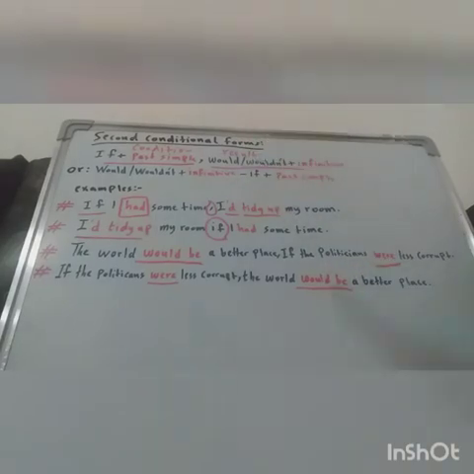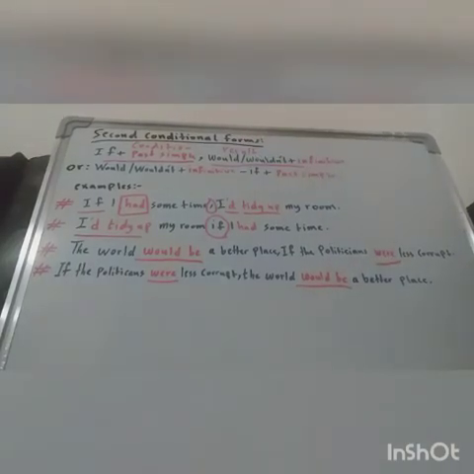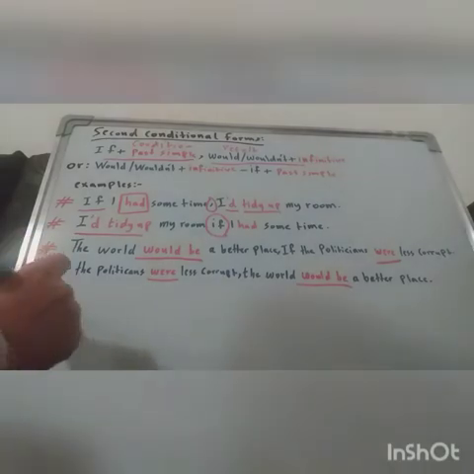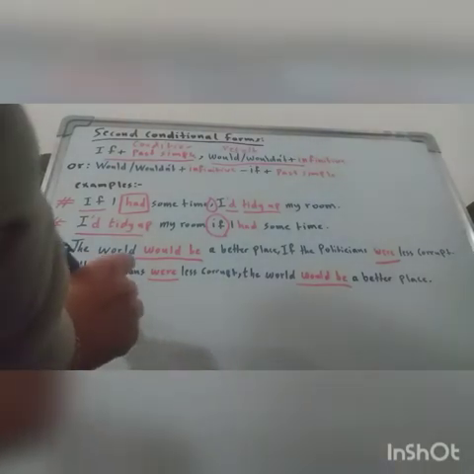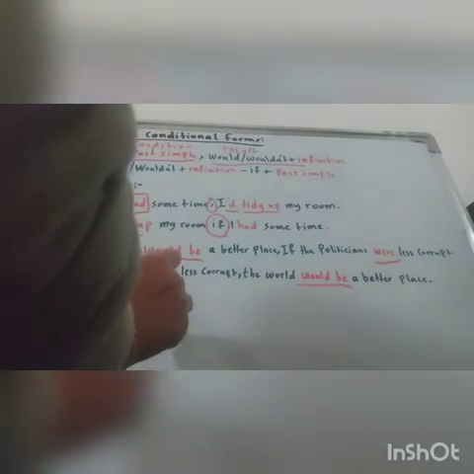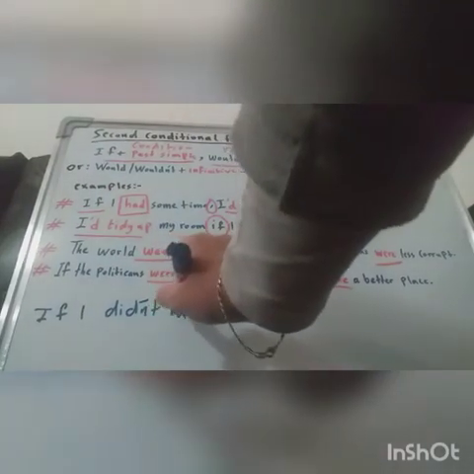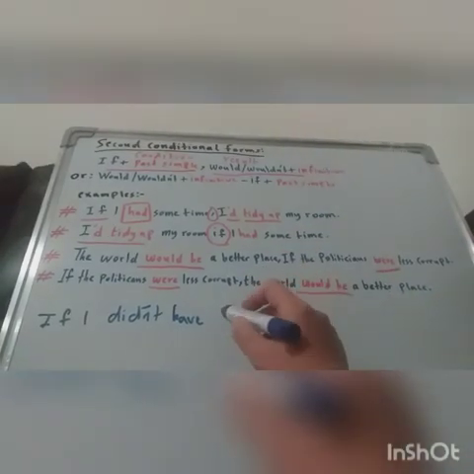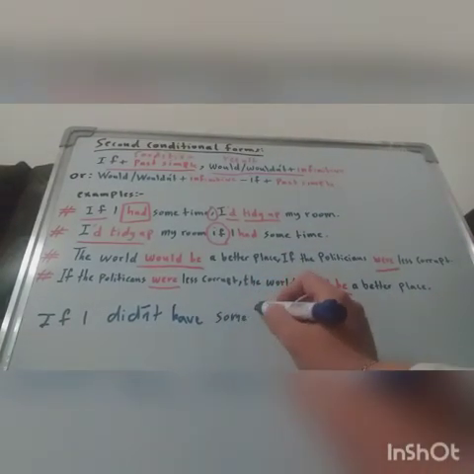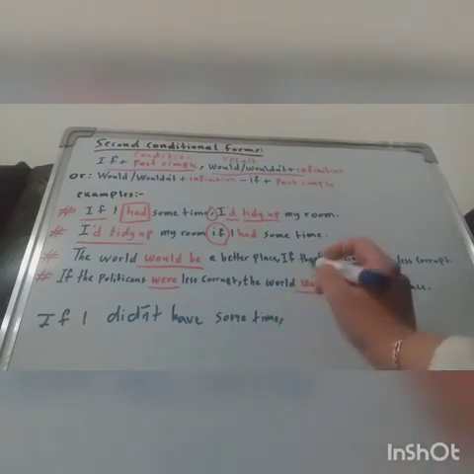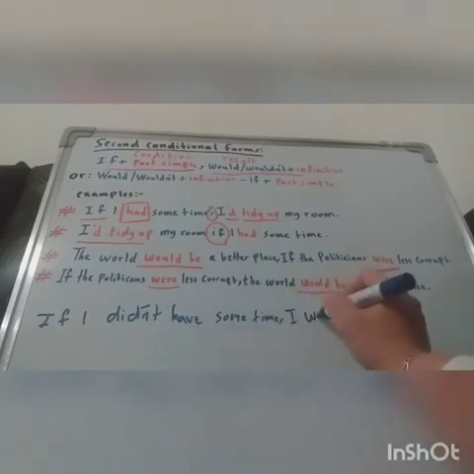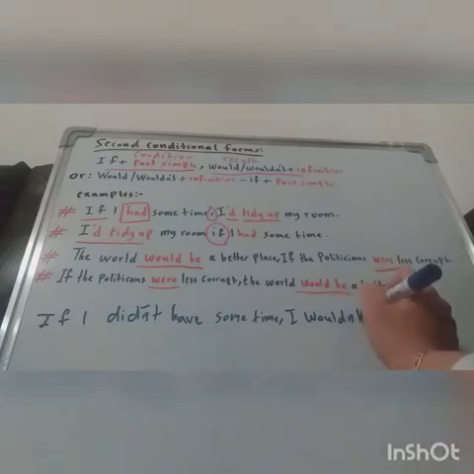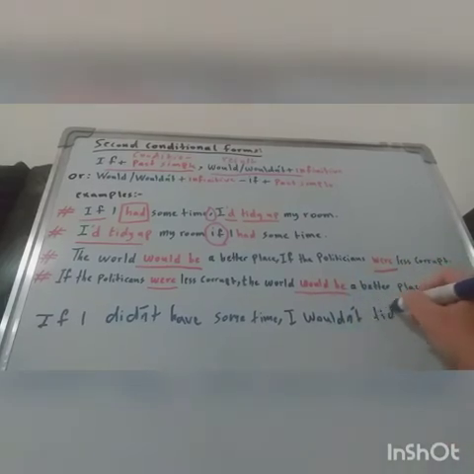And we use would or wouldn't according to the meaning of the sentence. So I write the first example using the negative form of would. If I didn't have some time, I wouldn't tidy up my room.